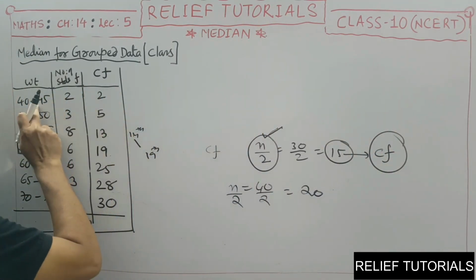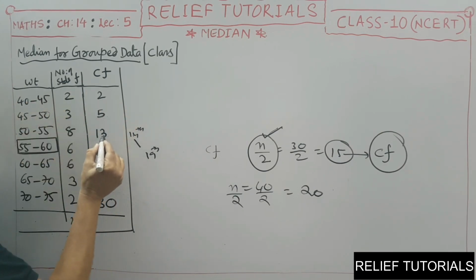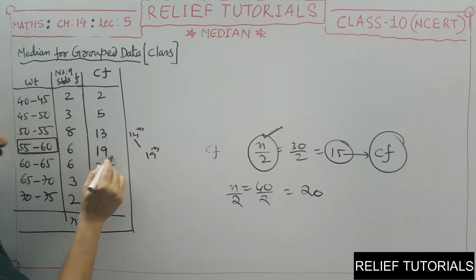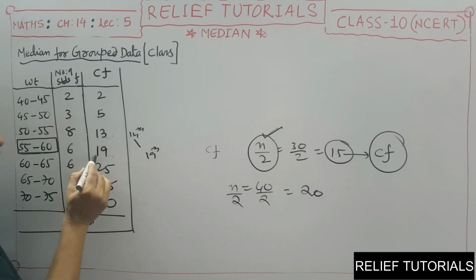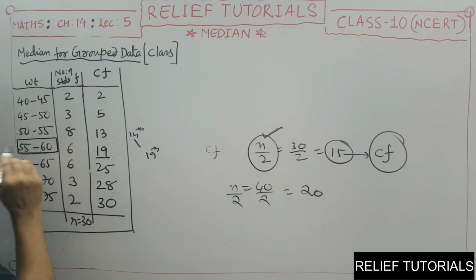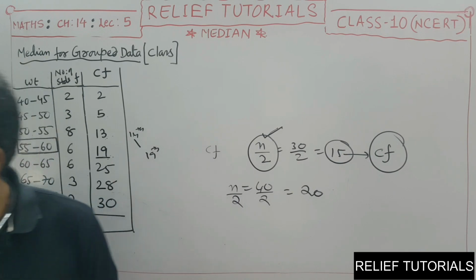Up to 2, this class. Now from 3 to 5, this class. Now from 6 to 13, this class. Now from 14 to 19, this class. Our value is 15, so 15 falls in the class from 14 to 19. So this class is the median class. Clear?